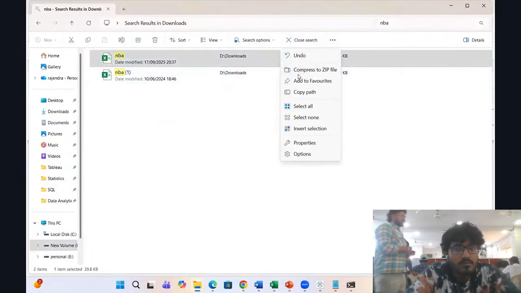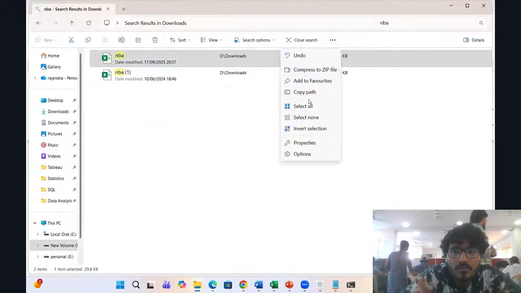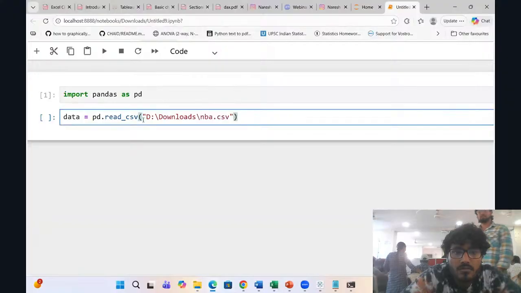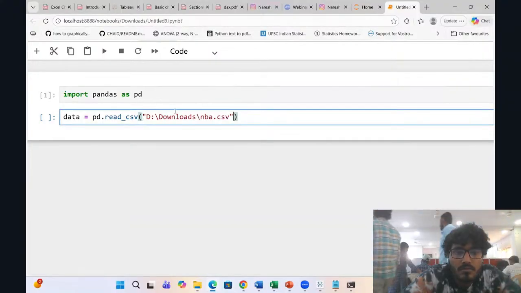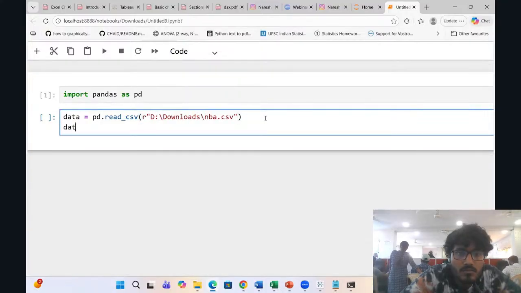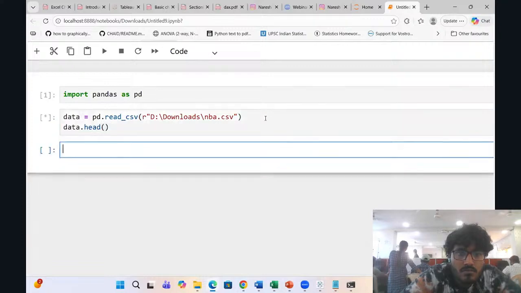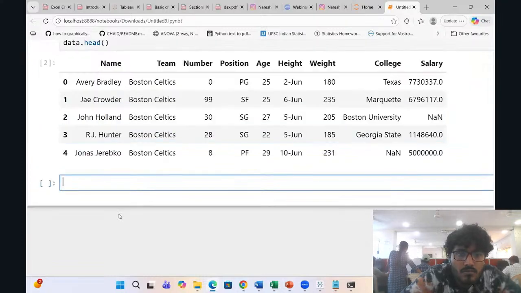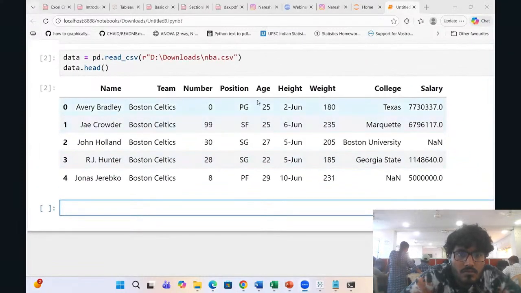Copy the path, go to the Jupyter notebook, and paste it. Whenever you paste, you have to change the forward slash to backslash. To avoid that, we use the prefix r. Then I want to inspect the head here itself. So guys, this is the data that we have: name, team, number, age, and height.